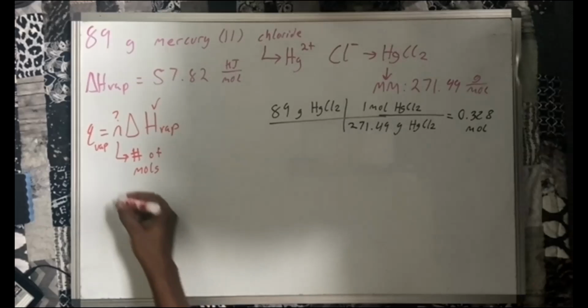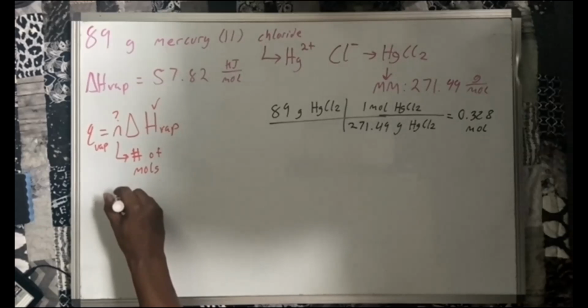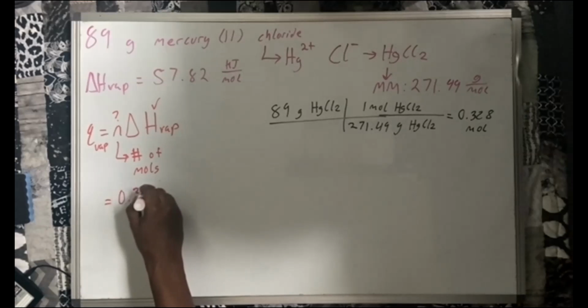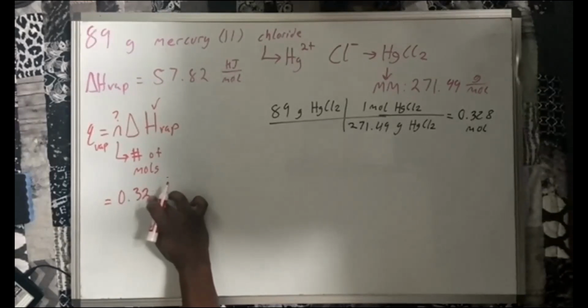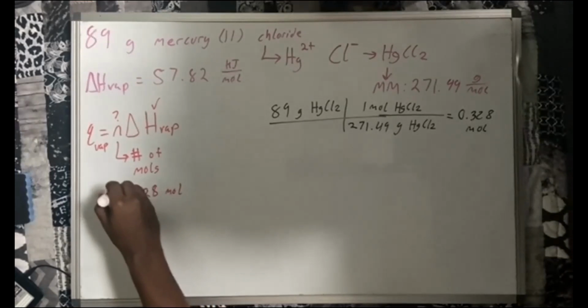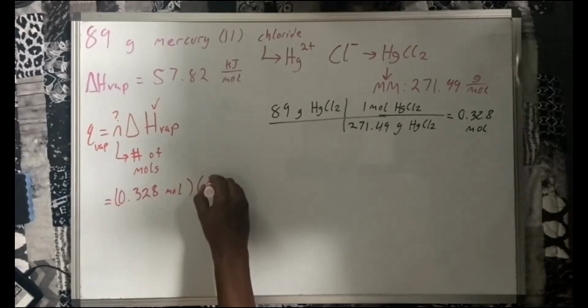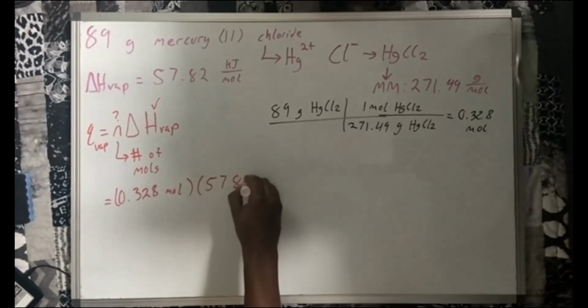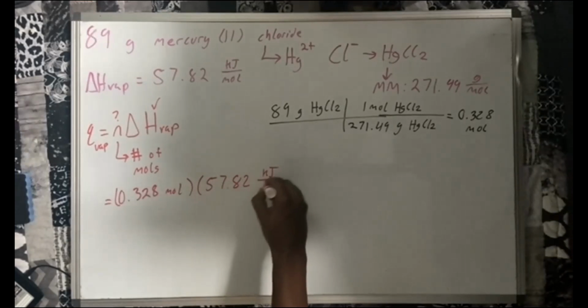Just plug and chug. So I take 0.328 moles times my 57.82 kilojoules per mole.